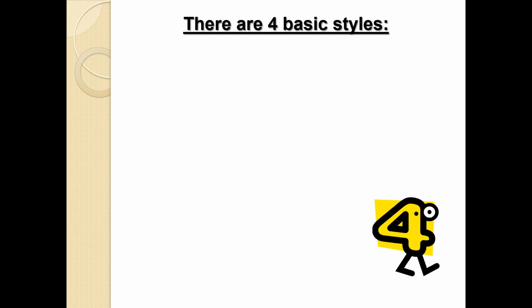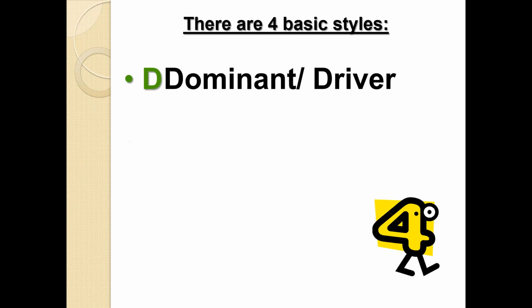Awesome. So there are 4 different styles when we're talking about behavioral styles, and they follow the D, I, S, and C. So the D is a dominant behavioral style. Somebody that's the driver. They're the speedy one. They do everything at a pretty rapid pace.